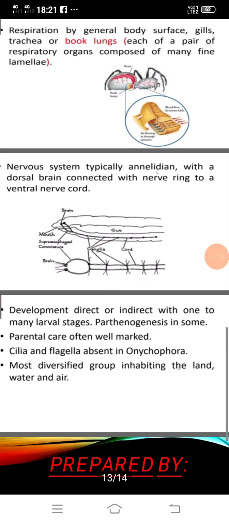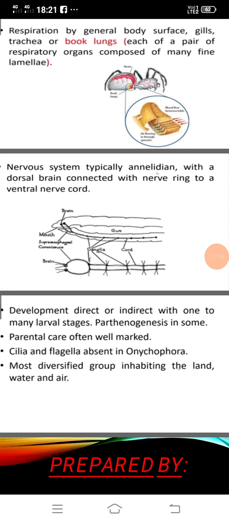Then next is nervous system, typically annelidian. Typically it is of annelidian type. So what do you mean by annelidian type? Annelids were also having the pair of cerebral ganglia. It is also, you can see in this diagram, it is also called brain, and then a ring is coming down crossing the pharynx region.